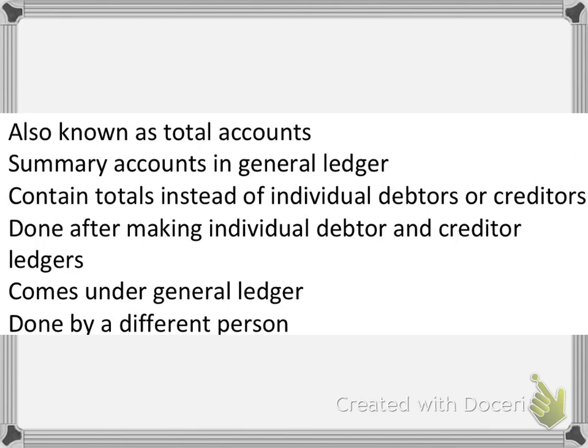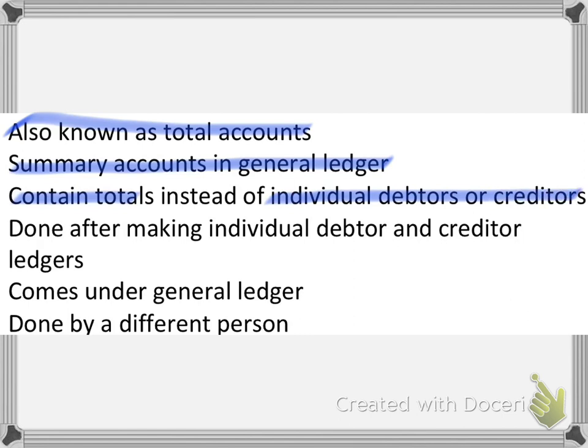But before that, we'll just see the general meaning of a control account. Control accounts are also known as total accounts, and they are essentially summary accounts in the general ledger. They are the summary of all the sub ledgers, and they contain totals instead of the individual debtors or creditors.